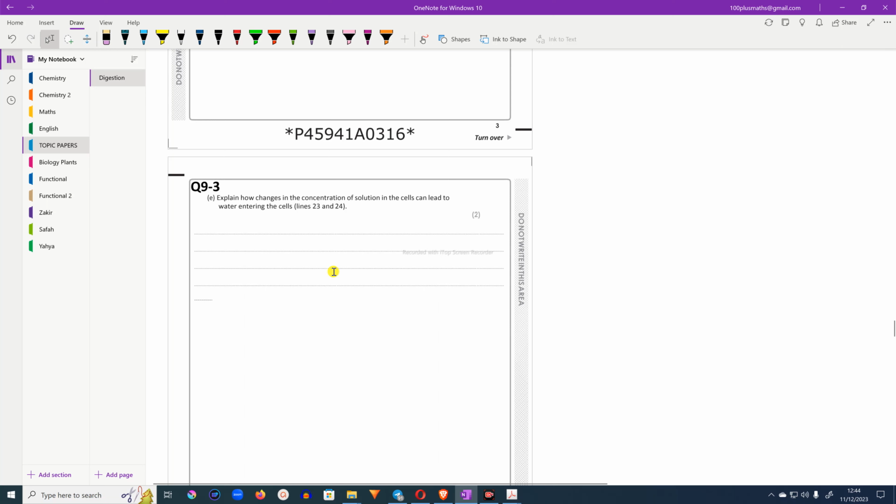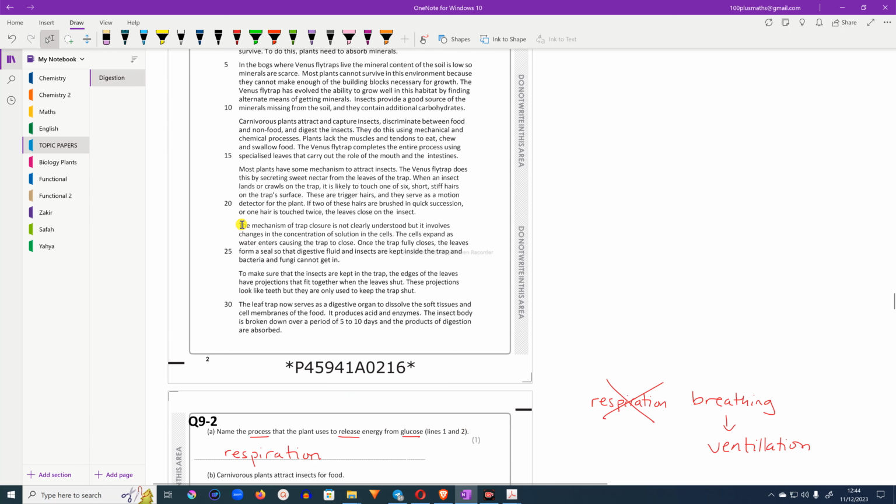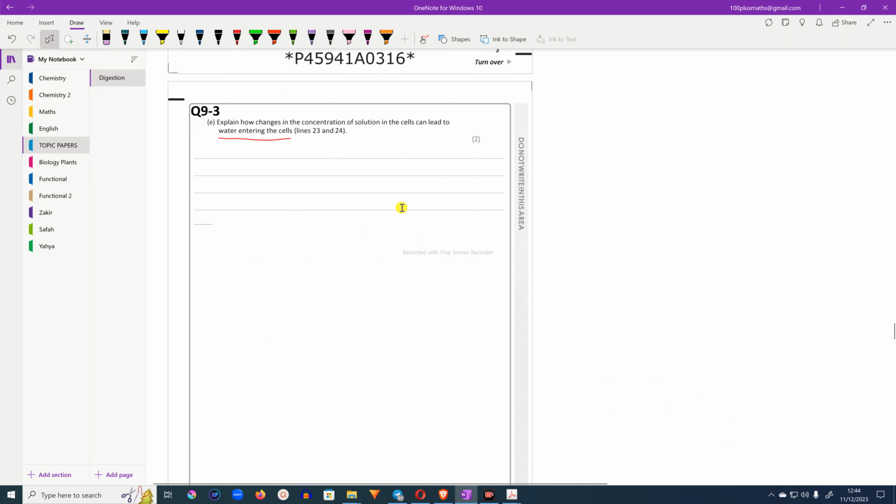Explain how the changes in concentration of solution in cells can lead to water entering cells. Right, entering cells. What they're saying in line 23, concentration of solution, so entering the cells, right. So you've got a cell, you want water to solution to enter, so that means this is low concentration and this is high concentration.